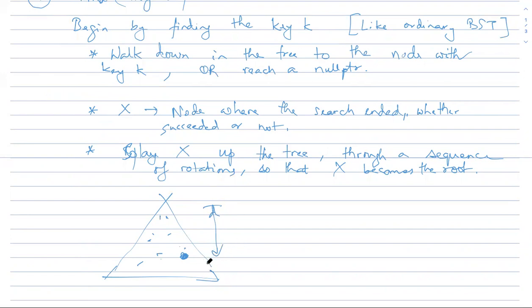Now, because you looked for this particular node, there is a likelihood that you might be looking for it again. And that is why this is brought to the root level, so that next time when you are searching for it, you will get it very quickly. And in the process, because of the rotations that you are giving, you would also semi-balance the tree.